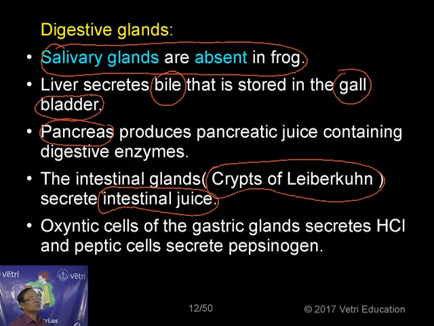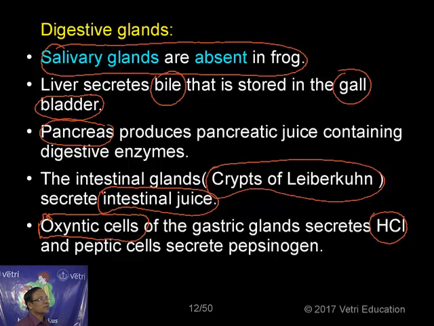In addition, the wall of the stomach secretes gastric juice. In the wall of the stomach, we have one peculiar cell. That's also one question. A peculiar cell present in the wall of the stomach is concerned with the secretion of hydrochloric acid. That cell is called the oxyntic cell.